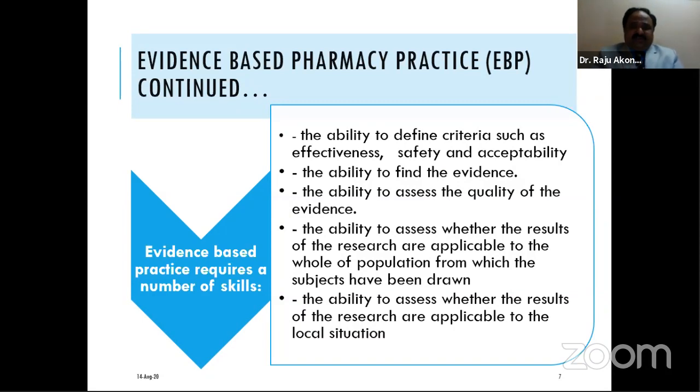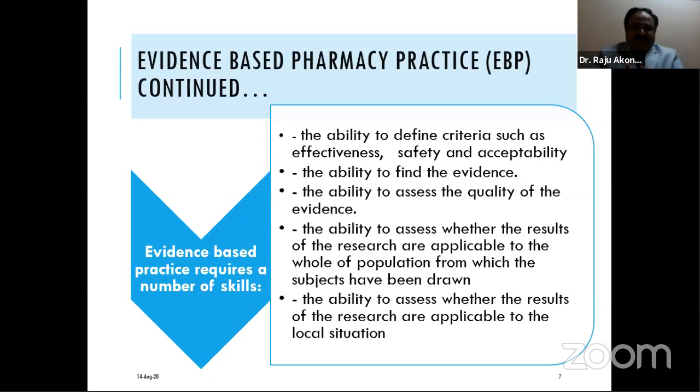Another skill is the ability to assess whether the results of the research are applicable to the whole population from which the subjects have been drawn, right? So you need to look into the sample used for the clinical research, and if proper sampling techniques were used, then you will understand whether you can utilize the results for the entire population, or whether they are restricted to a particular group of people.